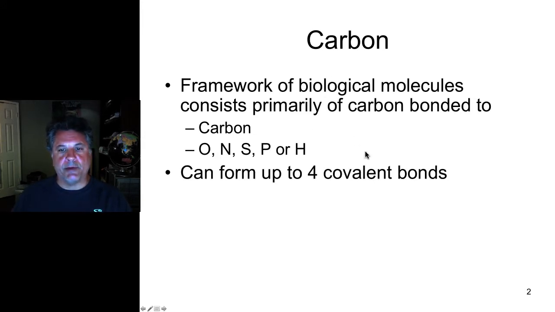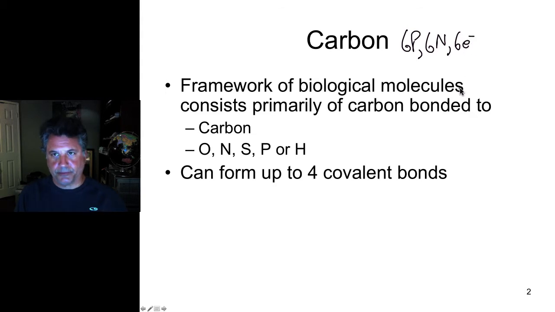Now, carbon can form up to 4 covalent bonds, and it would like to form 4 bonds whenever it can. And you can understand that very easily knowing the rules that govern atomic bonding. So if we look at carbon here, it has 6 protons, 6 neutrons, and 6 electrons. We can look at the configuration of those electrons easily when you understand the electron configuration.